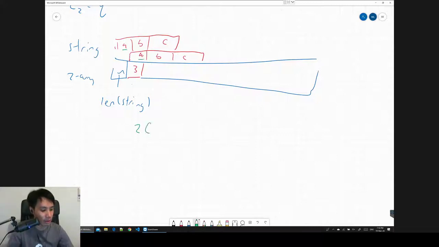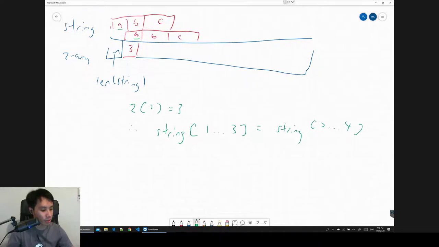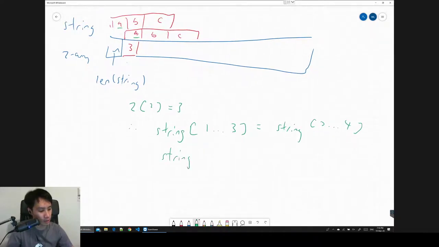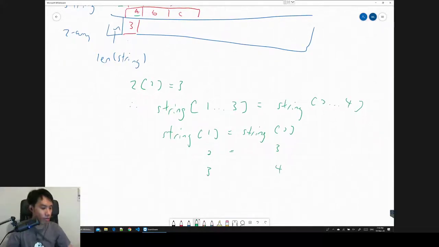So if Z2 equals 3, therefore string of 1 all the way to 3 equals string of 2 all the way to 4, right? Which means string 1 equals string 2, string 2 equals string 3, string 3 equals string 4, right?